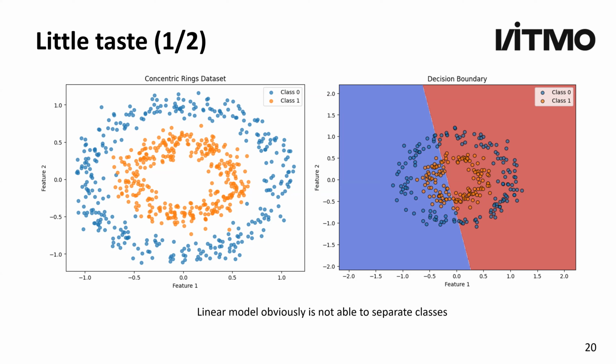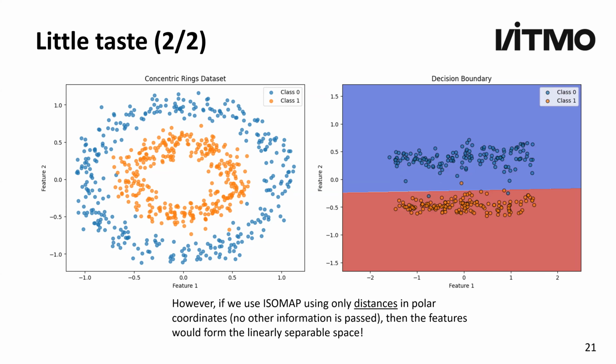But of course, if you use polar coordinates, then you are able to separate those two things because they are separated just along the radial coordinate. So all points that have radial coordinate less than something or larger than something are class 1 and class 0 vice versa. And yes, it is the case.